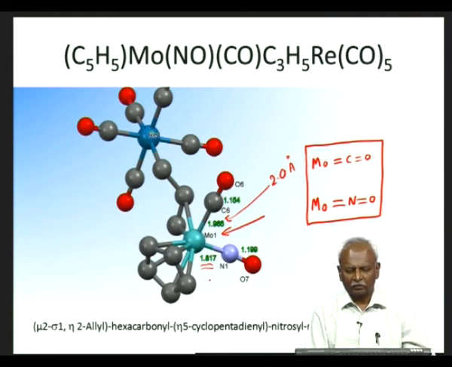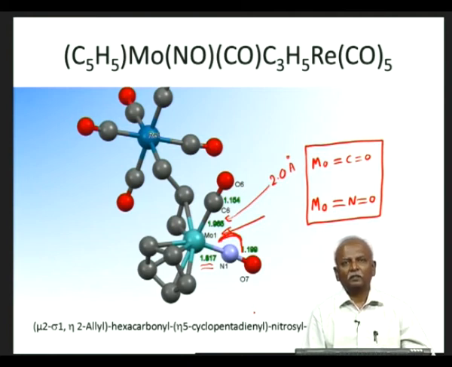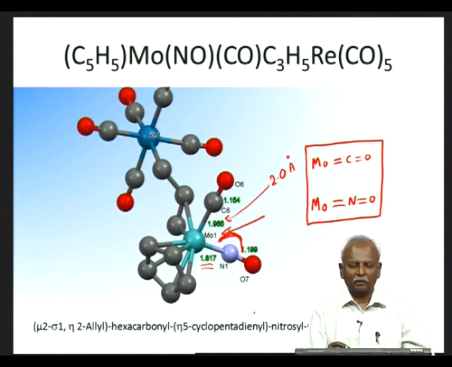You will also notice that the bond angle between molybdenum, nitrogen, oxygen is close to 180 degrees. So, all these factors are very clearly indicative of the fact that you have pi bonding interactions between nitric oxide and the molybdenum center, just like you have pi bonding interactions between molybdenum and the carbon monoxide in this molecule.